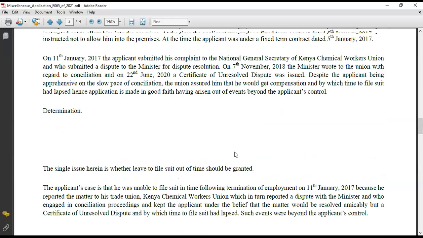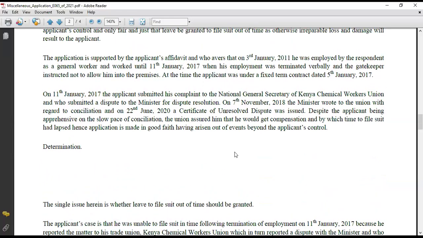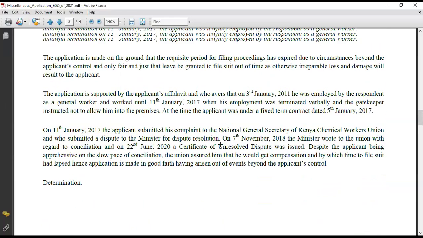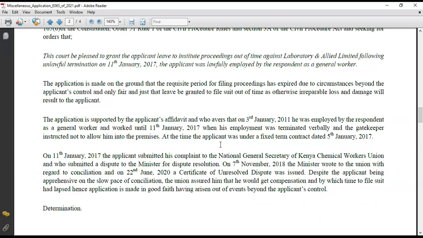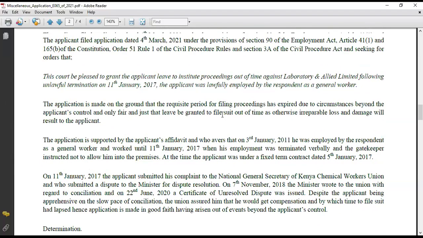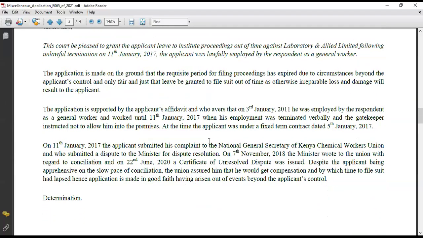So the applicant was arguing that the reason why he did not file his case within time... In fact, when you read this case, it has the same facts as the facts in the question.